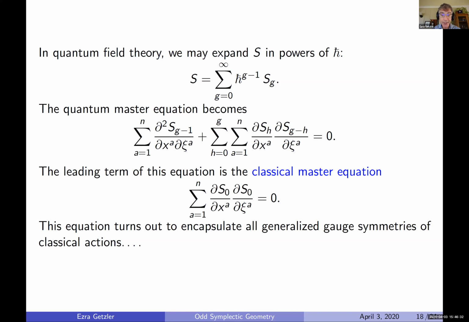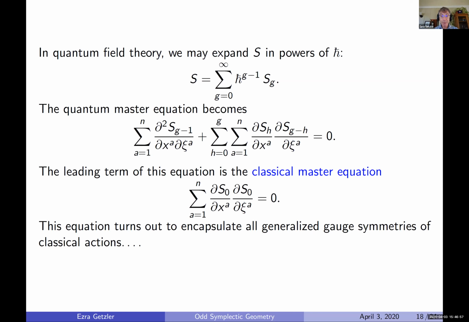And it turns out, and this is absolutely, to me, extraordinary, that this encapsulates not just all traditional symmetries of classical field theory, but also all generalized gauge symmetries, supersymmetries, extended supersymmetries, supergravity, you name it. Everything can be re-expressed as a solution of this equation.